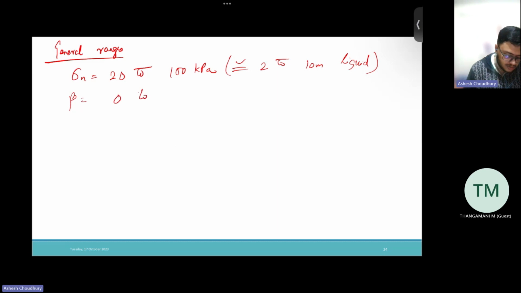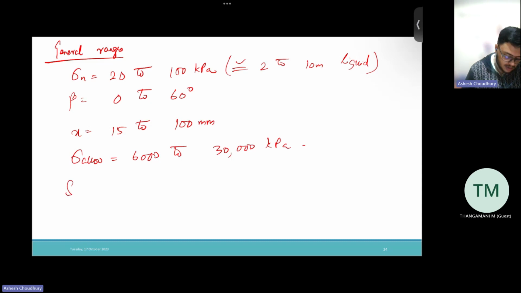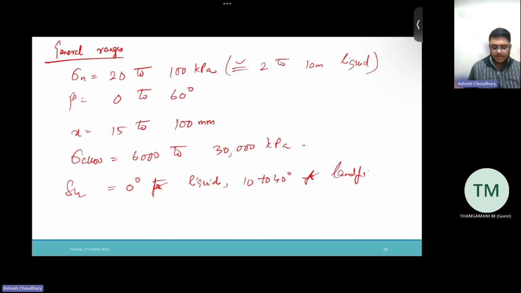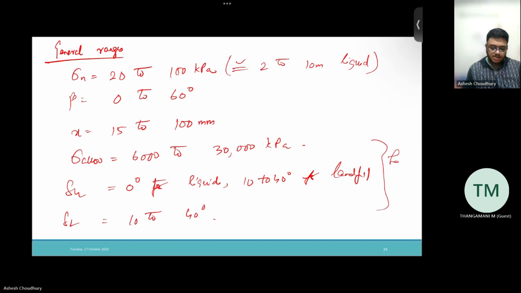Allowable stress is 1000 to 40,000 kPa. Delta U equal to 0 for liquid containment, and 10 to 40 degrees for landfill. For the lower one it is 10 to 40 degrees. These are to be determined from lab tests.